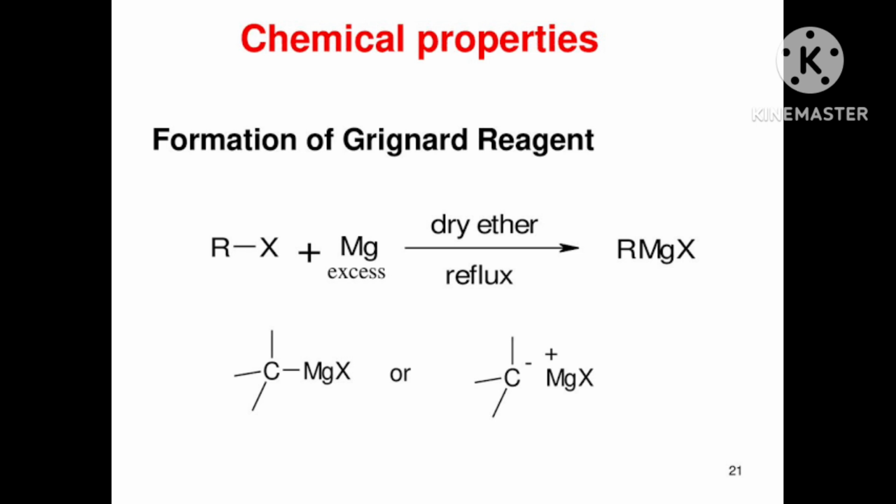Now, the chemical properties of haloalkane I have finished. Now I am going to discuss haloarene. Haloarene is related to the benzene ring.